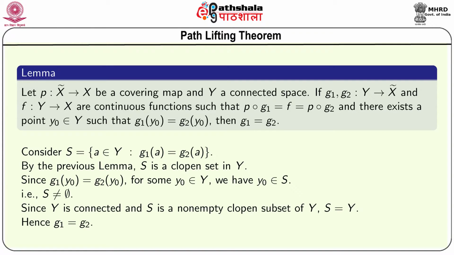Since Y is connected and S is a non-empty clopen subset of Y, S must be equal to Y. Hence, G1 is equal to G2.